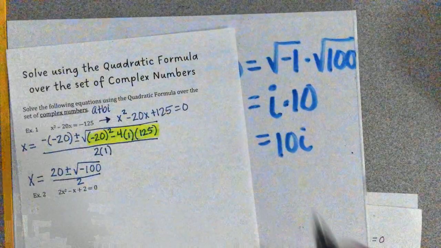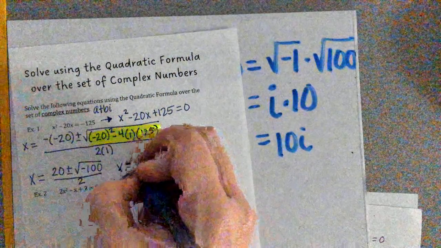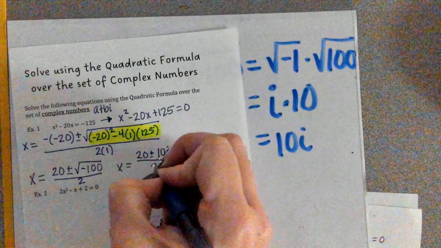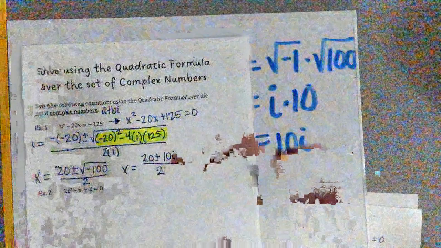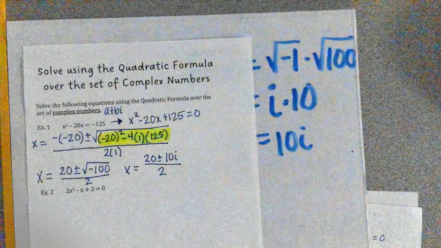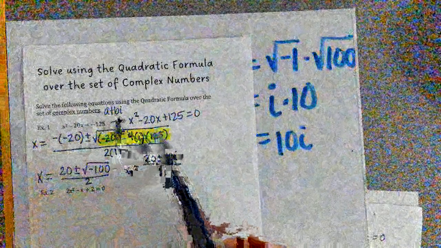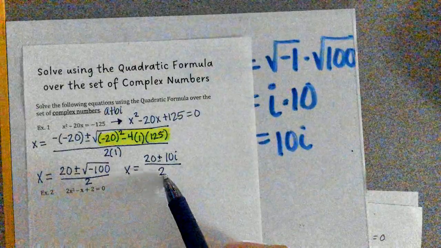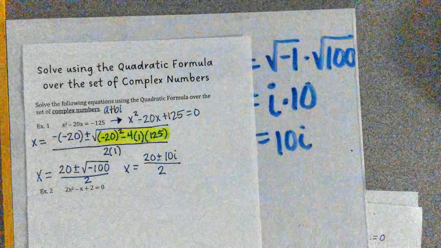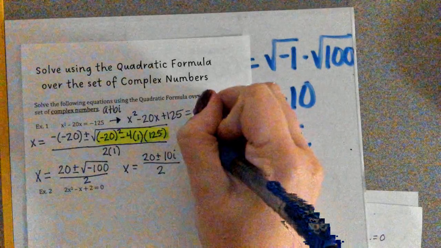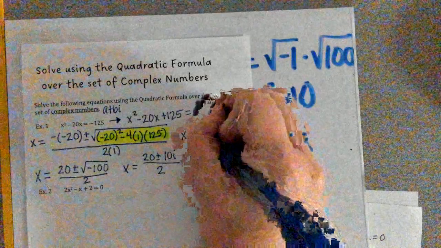So if I come back over to my work here, I have x equals 20 plus or minus 10i over 2. Okay? All right, now, we cannot leave our answer with a real and an imaginary sharing a denominator, right? They're in different dimensions. They each have to have their own denominator. So x is 20 over 2 plus or minus 10i over 2.